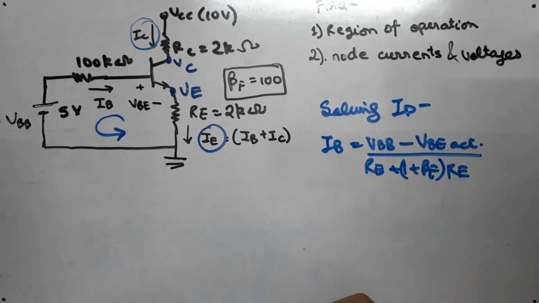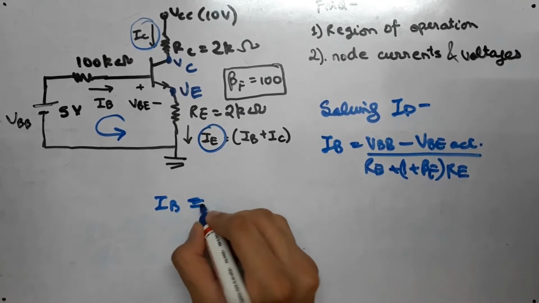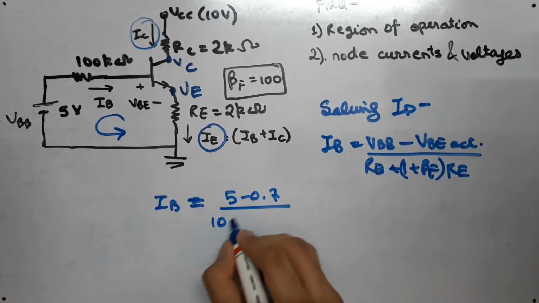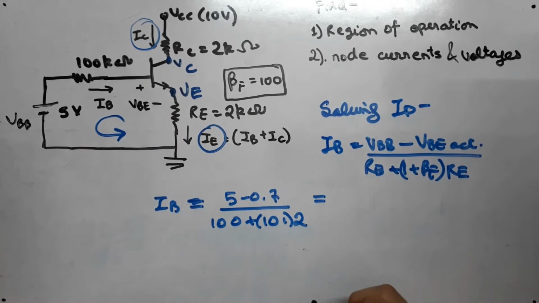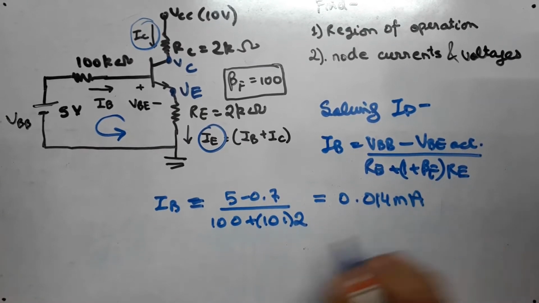Sorry, this is RB. Now IB is equal to, we will straight away put the values that are given in the question, that is 5 minus 0.7 upon 100 plus 101 into 2. This will come out to be equal to 0.014 milliampere.